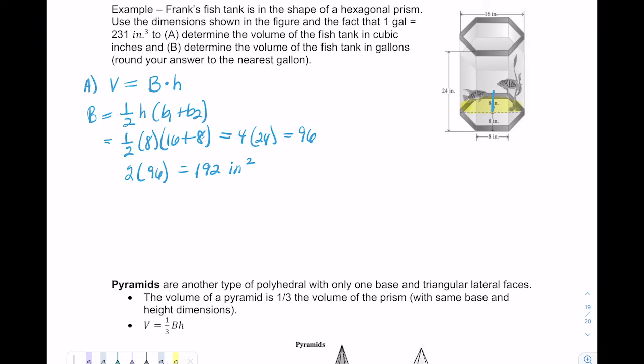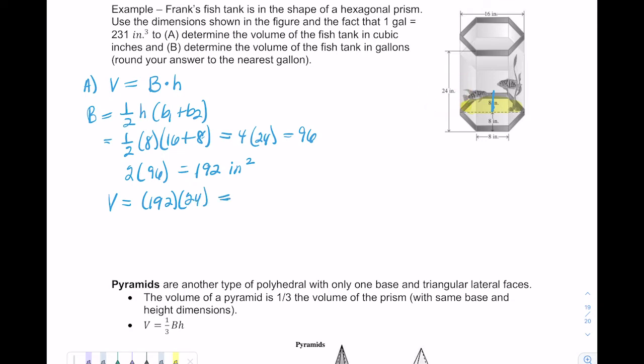So now to get the volume, we have everything we need. We've got the area of the base, which is 192. And then we're going to multiply by the height of the prism. So the height of the prism is the height when the prism is sitting on its base, and it is. So my height is 24.